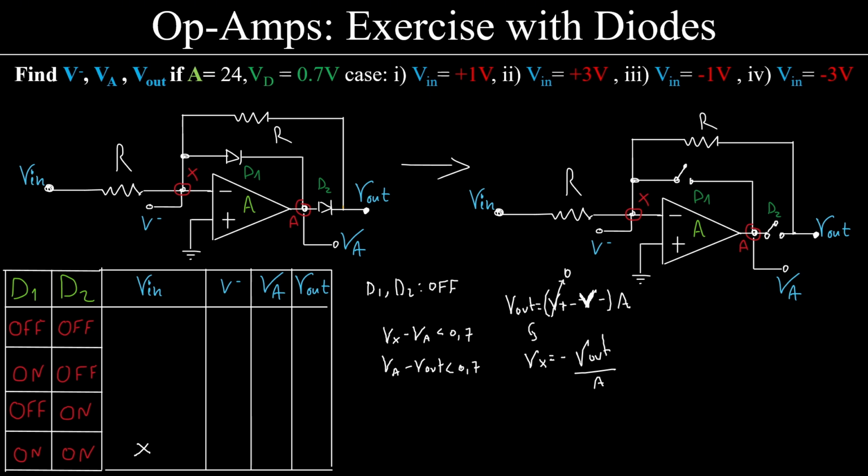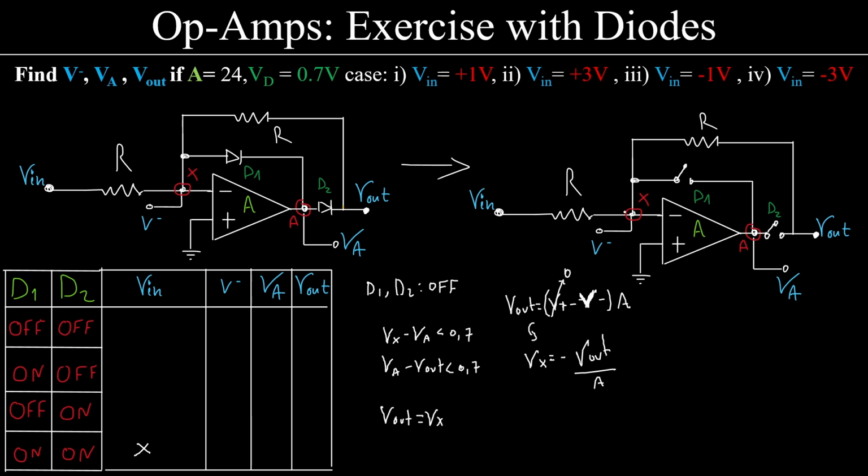This Vout is connected to this Vx, but no current flows really here or here. If no current flows, that means that Vout will be equal to Vx, because the resistor plays no role into lowering the voltage here. No current flows, this voltage is the same as this voltage. So I'll go ahead and write it. Vout is equal to Vx.